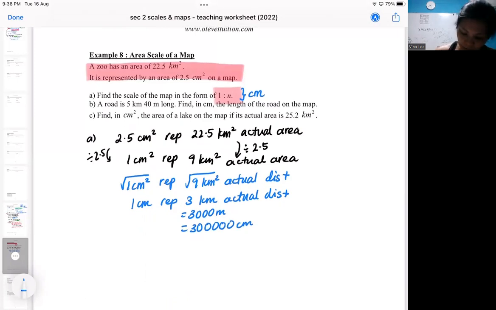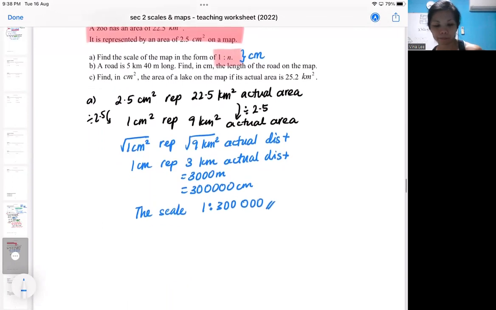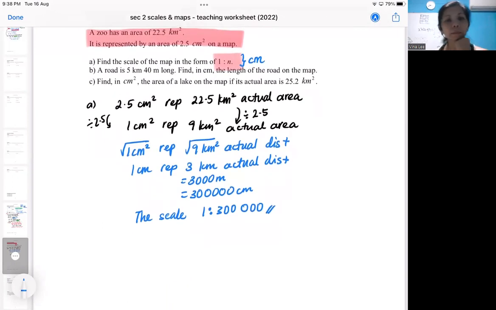And once you hit the centimeter, you will get the scale. Drop the centimeter. So this is the working backwards part. The rest will be the same procedure that you have encountered.